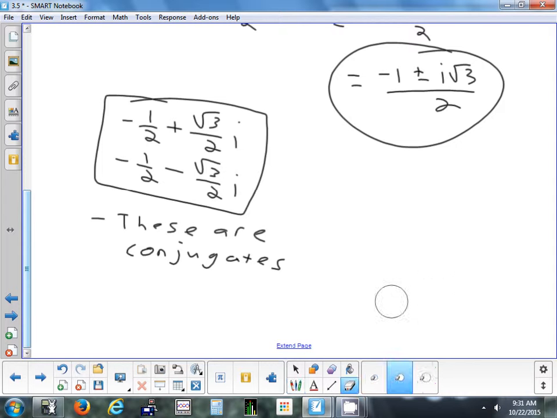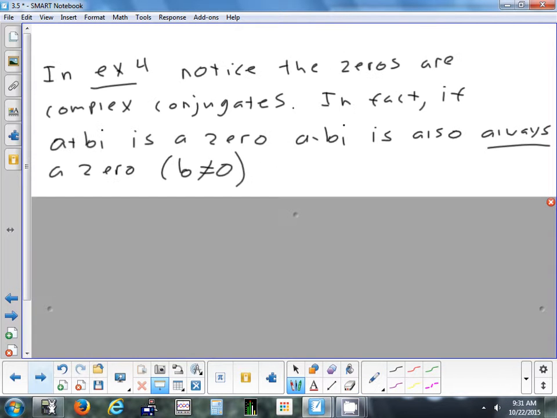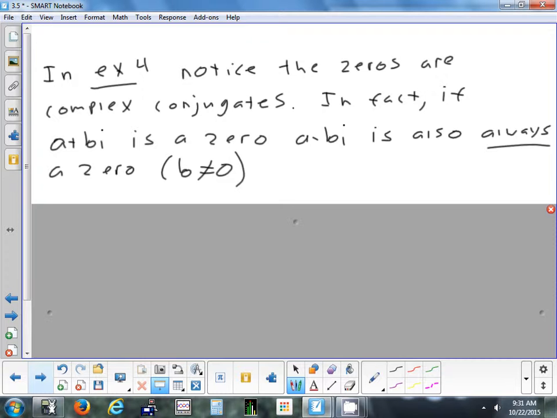Notice the roots from the last example are conjugates. So in general, if you have a root that's a plus bi, I guarantee you a minus bi is also a root or a zero. So complex roots always occur in pairs, and they are conjugates.